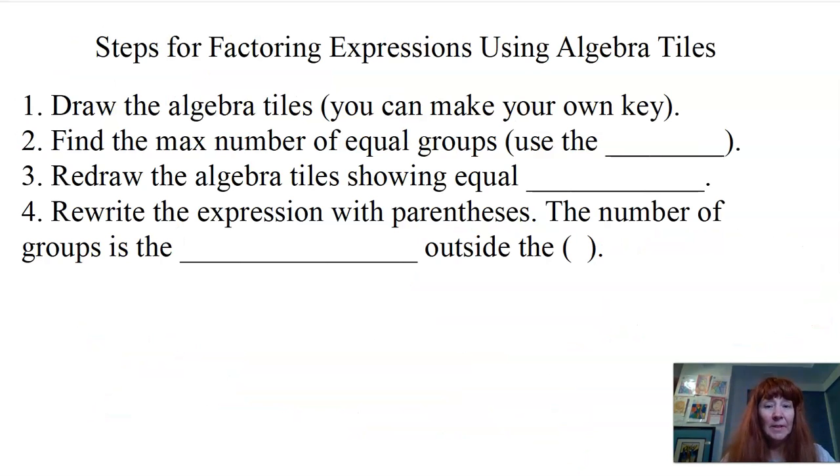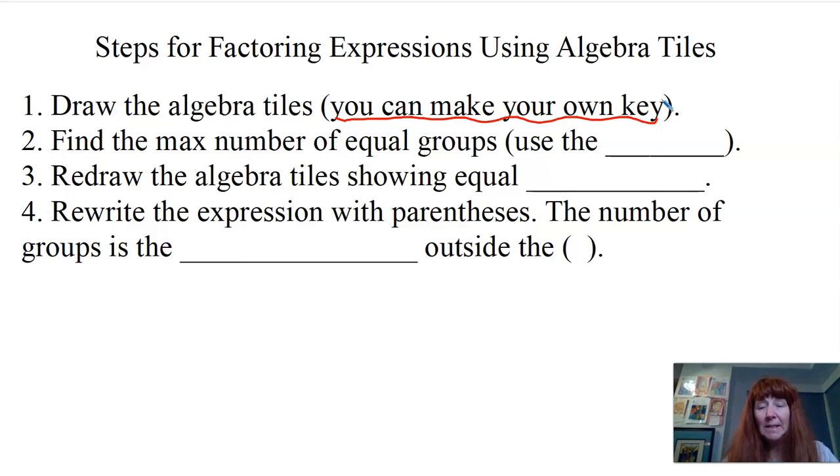Okay, so now these are my steps for factoring expressions using algebra tiles. So you want to draw the algebra tiles if you don't already have a picture there. I think I gave you all pictures today to help you out. But you could totally make your own key. You can change it up as long as you're consistent with what you decided to represent the x's or the y's.